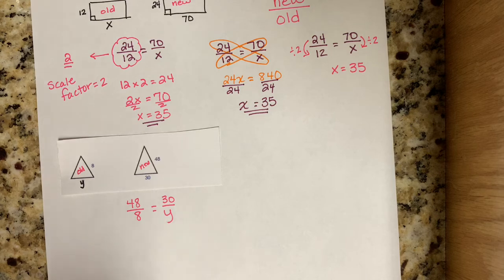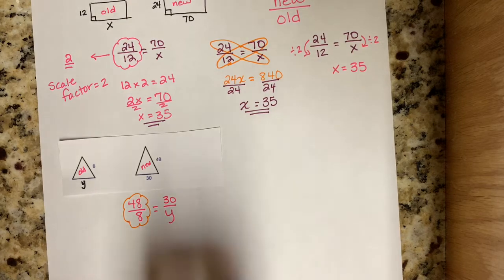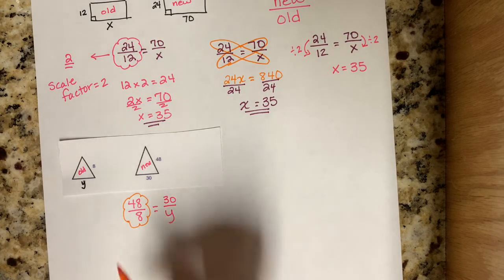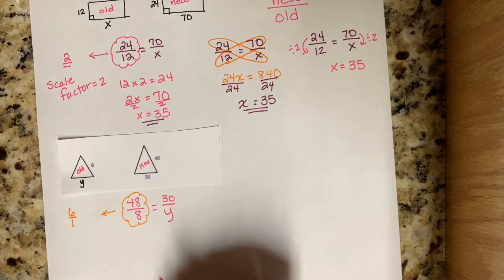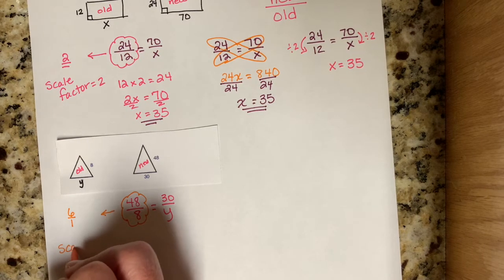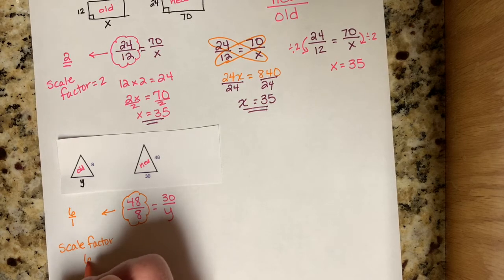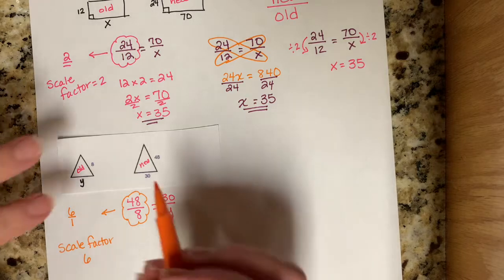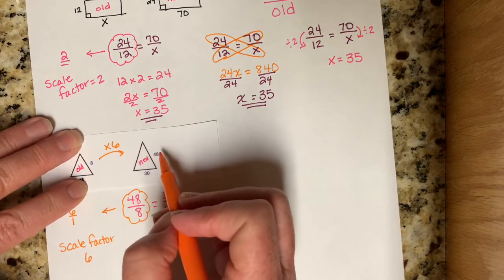So we can look at the first fraction here, the fraction that's complete, that 48 over 8. If I simplify 48 over 8, I might notice that it equals 6 over 1. So my scale factor is 6. What that's telling me is I could do 8 times 6 to get 48.